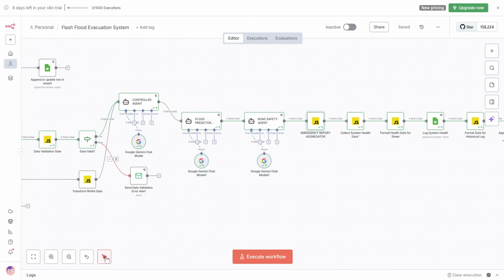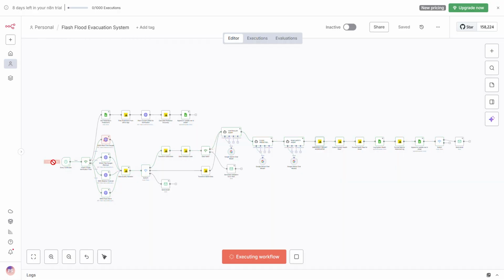So now let's see it up and running through the USGS real-time gauge. The data collection is happening. It takes some time depending on the API response times.